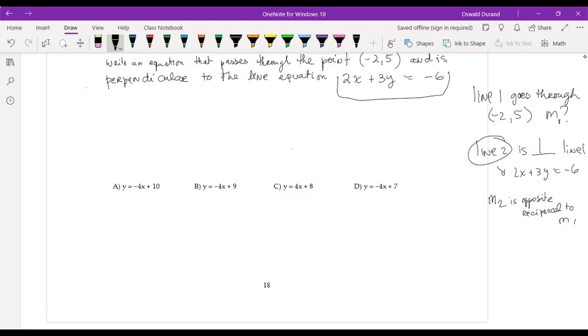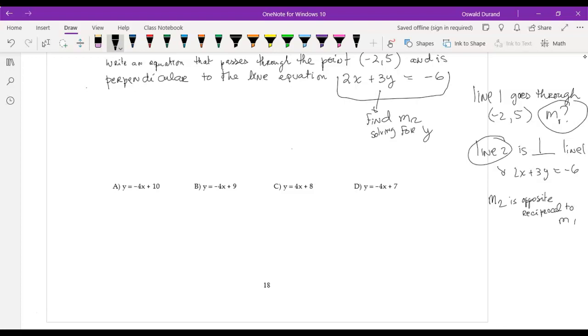So the only way I can find m1 here, because that's what I need, is to find m2 first, based on this equation. Well, I can find m2 here. It is in standard form, but I can find m2 by solving for y. Right? So let me solve for y here.